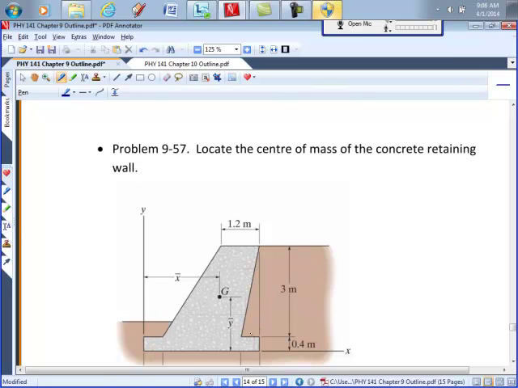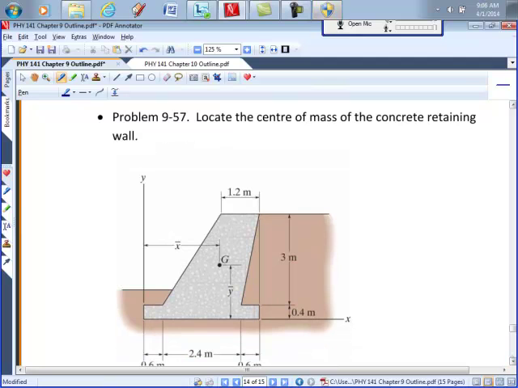And we see this shape here. This is actually fairly important, that this part is projecting out to the right. So that's going to help keep it from tipping. It has weight on top of it that's going to help prevent the retaining wall from tipping.